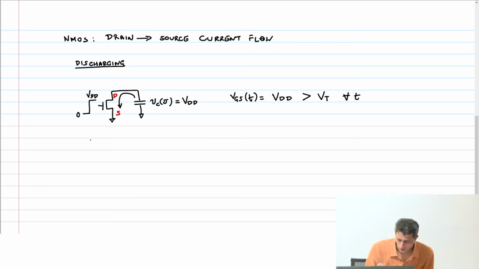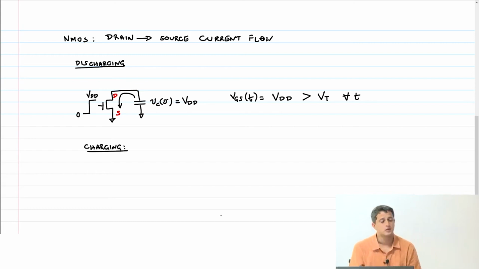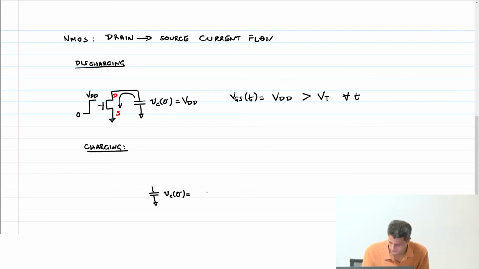Okay. Now if I were to use the same NMOS transistor to charge a capacitor, I want to see what happens here, okay. So let's look at charging of a capacitor with an NMOS transistor. What is VC of 0 now? 0 minus 0.